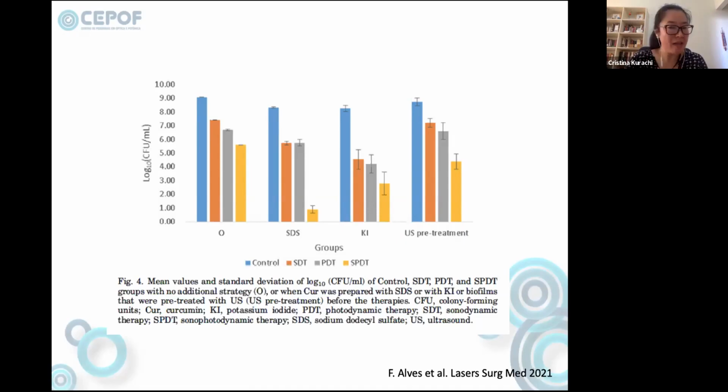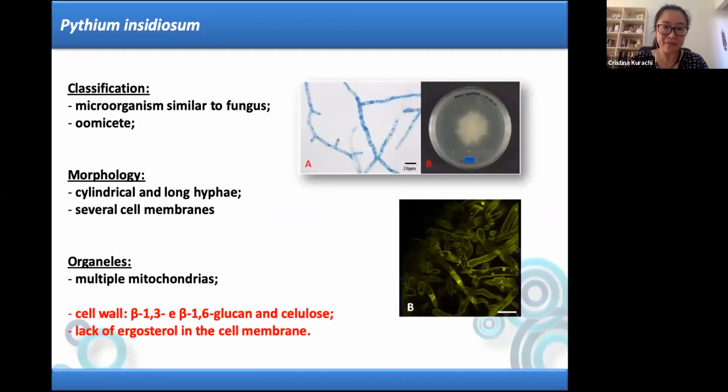So there are some cases where antimicrobial PDT is not going to be a single treatment choice, but probably we are going to use these combination forms to get more effective results on these well-organized microorganism structures.